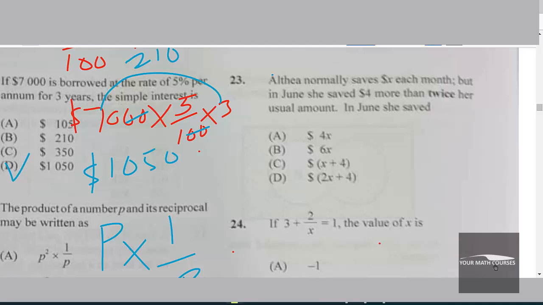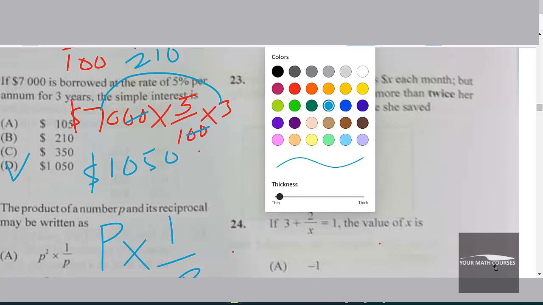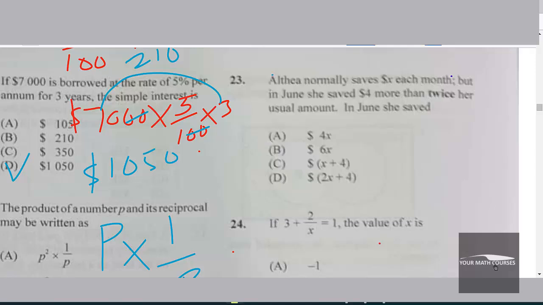So twice her usual amount will be 2x. Then $4 more will be plus 4. So the correct answer will be option D.